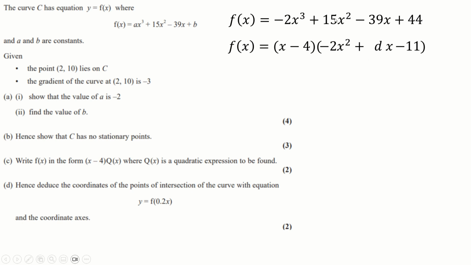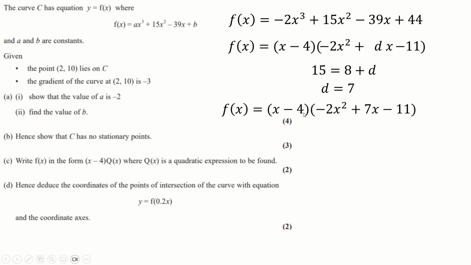So therefore 15 lots of x squared is equal to 8 of them plus d of them. Just comparing where I would get x squareds from, which of course means d is 7, and this will be my factorized form. When you get good at this, it's so much quicker than polynomial division, and it's why I refuse to do polynomial division. But anyway, we have this here.